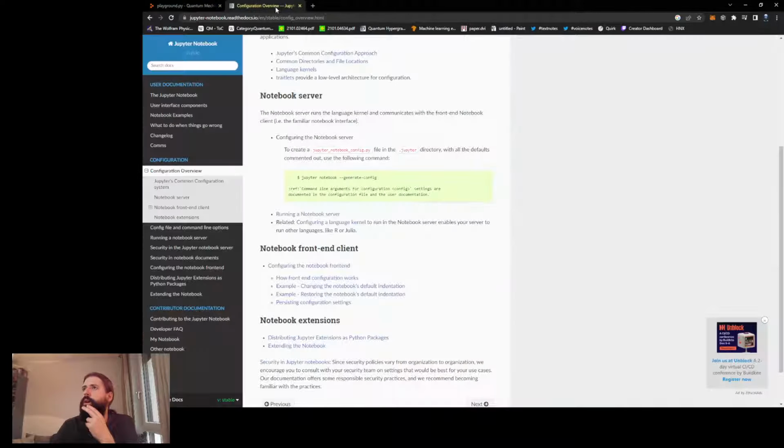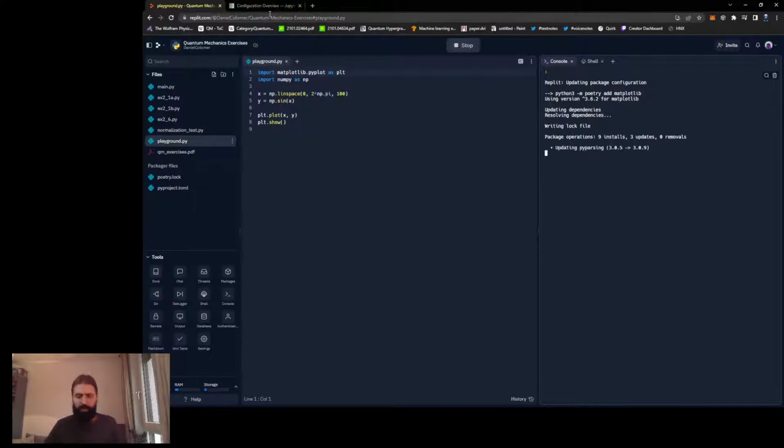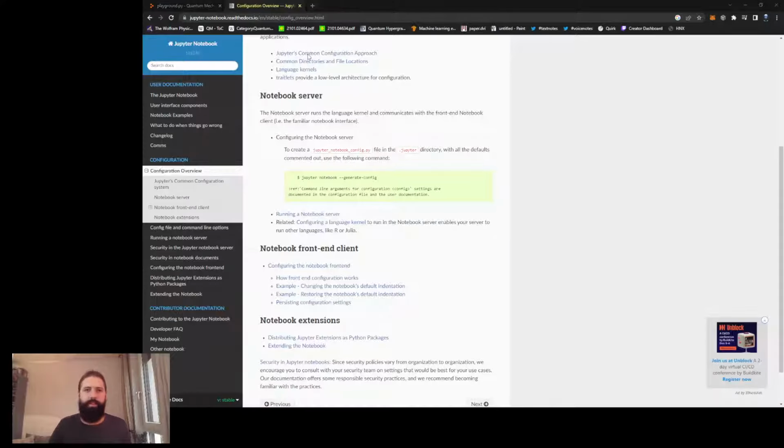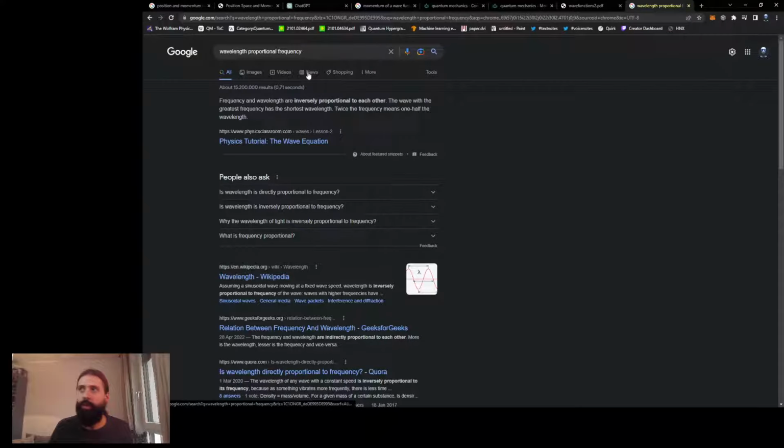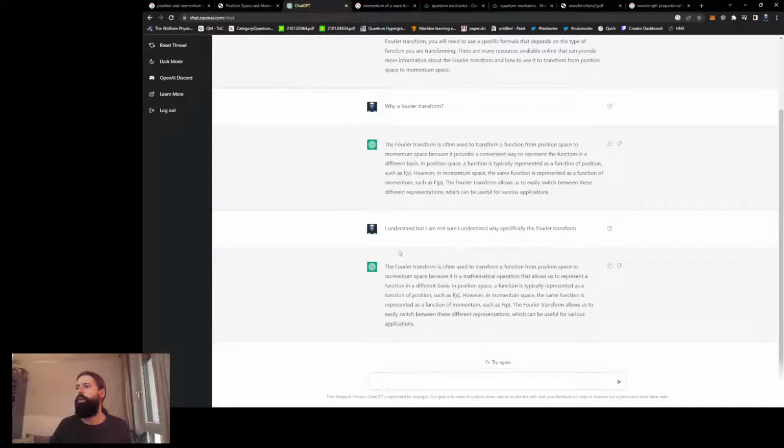This is just a great combination of tools. Like, what is the formula of the Fourier transform?